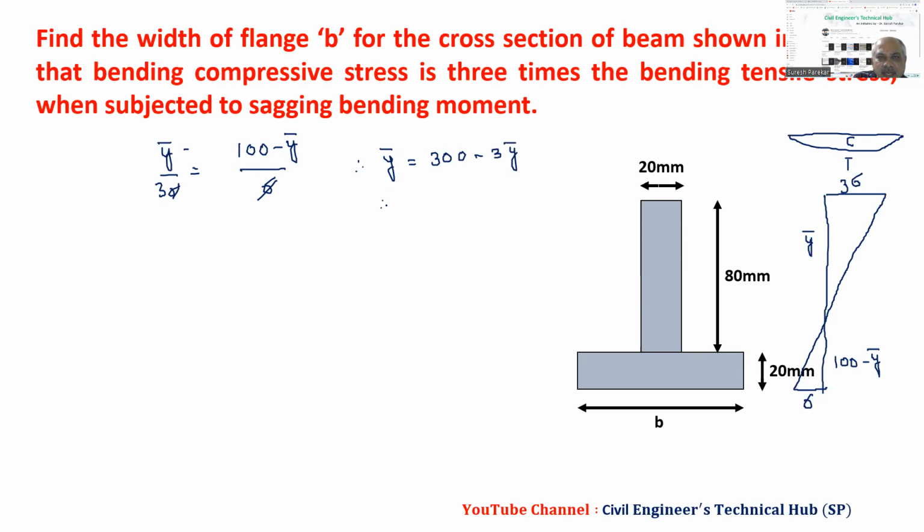From this we get 4Y bar equal to 300. This is 80, this is 20. Therefore Y bar is equal to 75 millimeters.